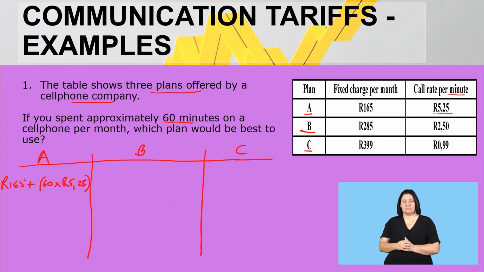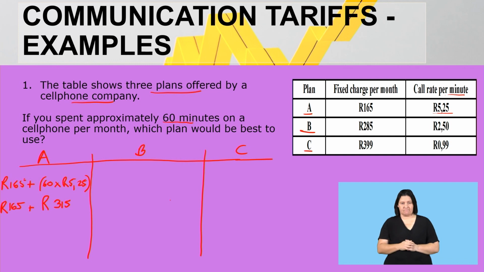Let's quickly simplify that. First of all, I'm going to keep my 165. I'm going to simplify the values in brackets first: 60 multiplied by 5 Rand 25 equals 315 Rand.